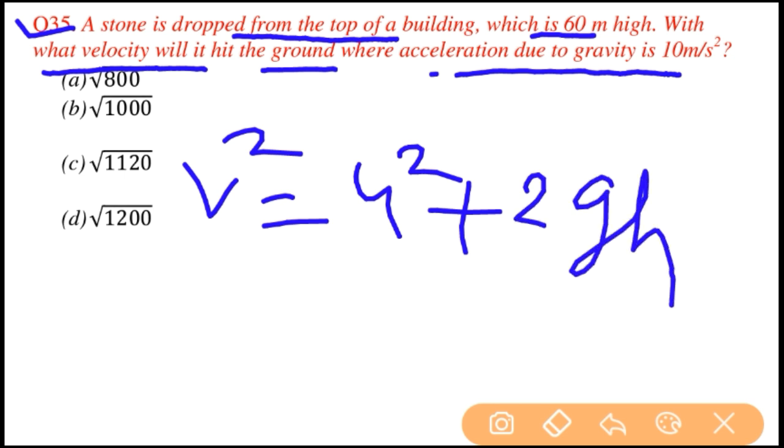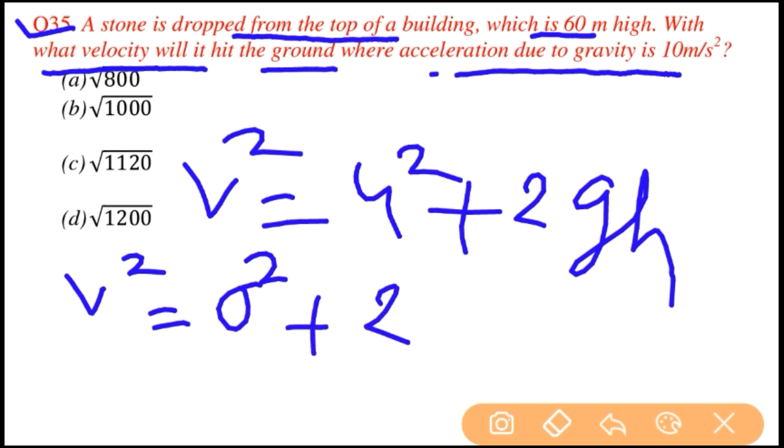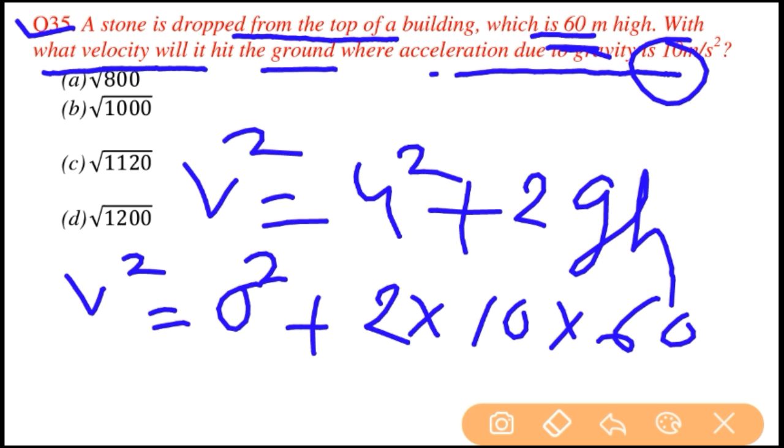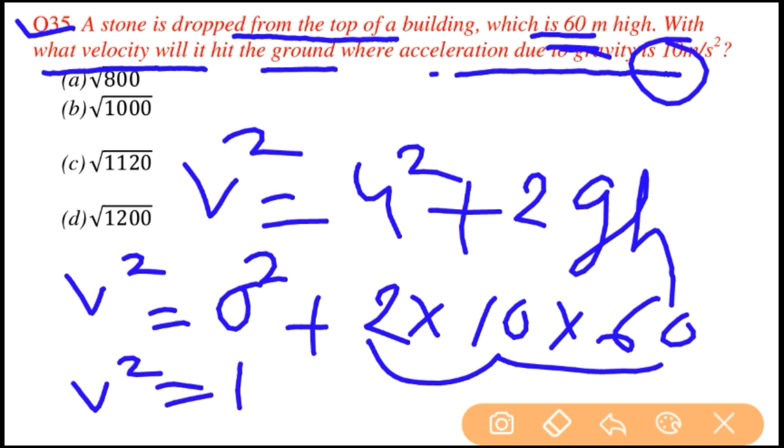So v square equals u square, where the initial velocity is 0, square, plus 2 into the value of g, which is 10, into height h, which is 60 meter. That equals 60 into 10 into 2, that is 1200. So v square equals 1200. So v will be root over of 1200. So option D will be the correct answer.